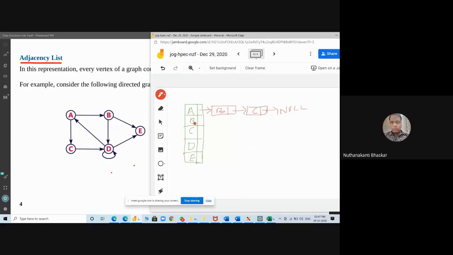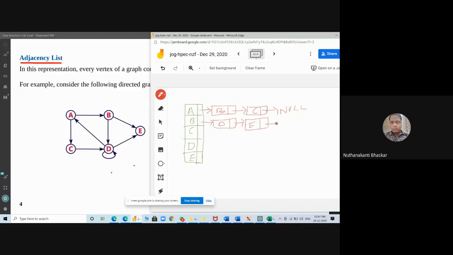From B, what are the outgoing adjacent nodes? D and E. D is there, then also from B, E also there. Is there any other than this?